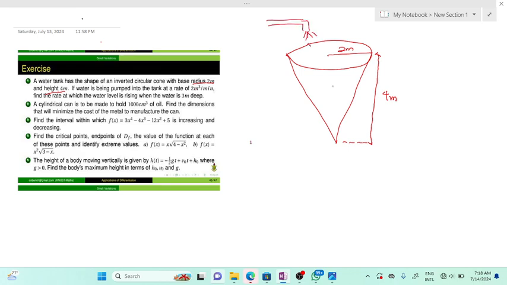So we can just locate our 3 meter level somewhere here. So probably our 3 meter level here, right? So from here to the ground is represented as what, 3 meters. And this here is the water level.